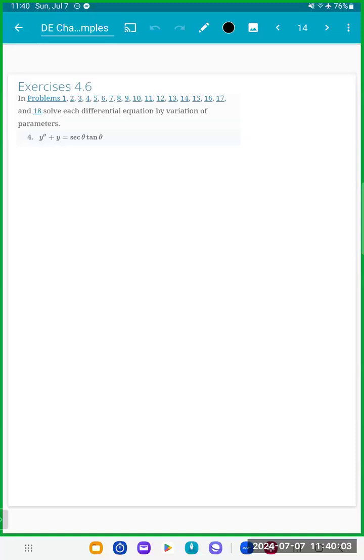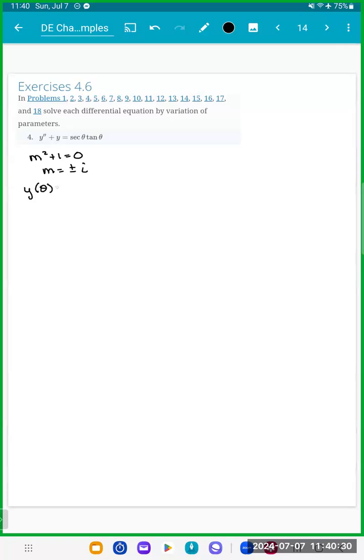Okay, so next we are into chapter 4.6. In this section, we have m squared plus 1 equals 0, so m equals plus or minus i. Here, instead of x, we have theta.